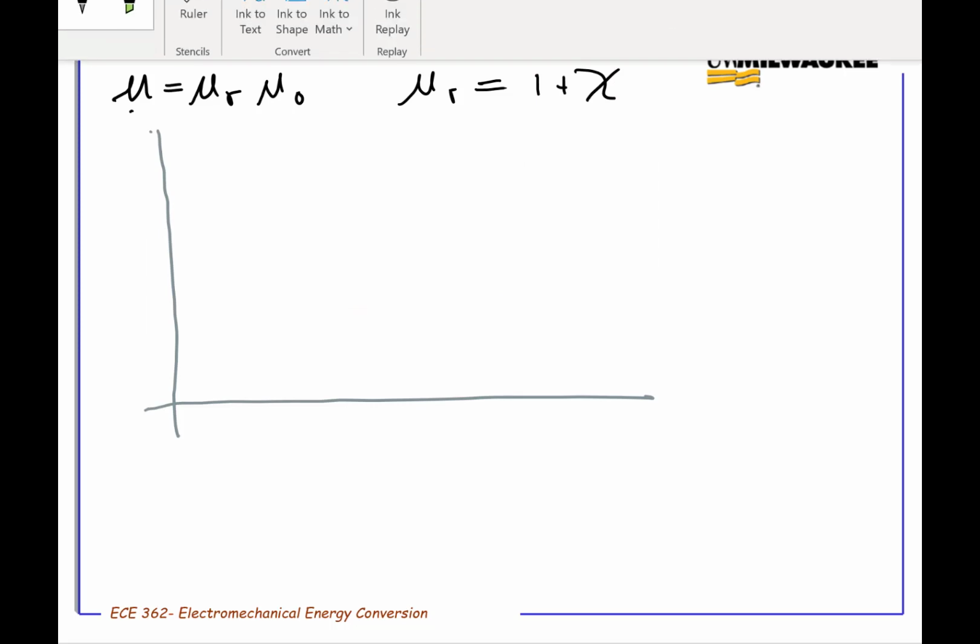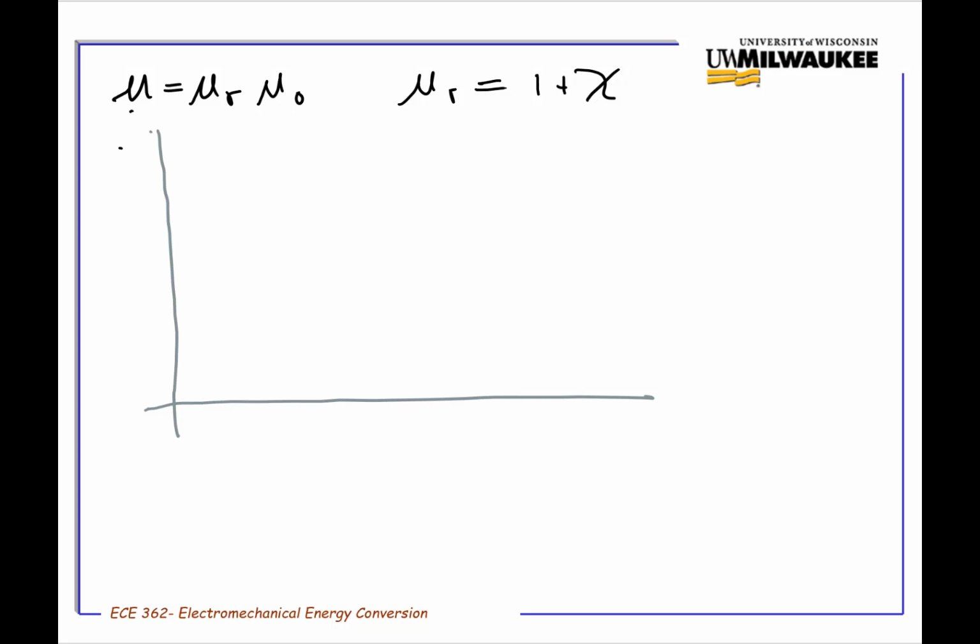Okay, so there's two axes. I'm going to define the y-axis as B, and the x-axis as H, and I'm going to use the units ampere turns per meter.